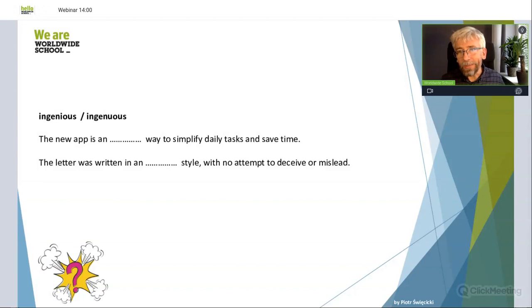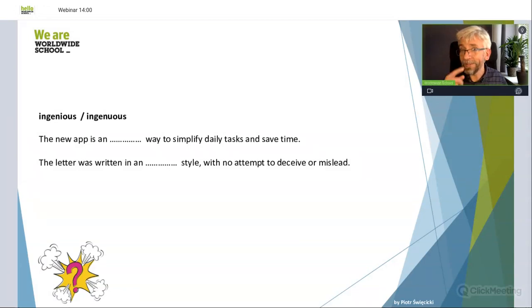ingenious and ingenuous? Which is which? The new app is an to simplify daily tasks and save time. What do you think? I'm waiting. You're typing. Ingenious.